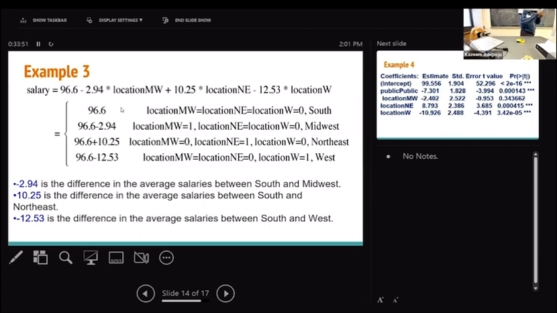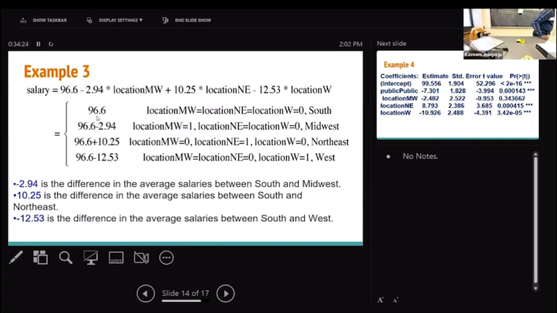You got 4 regions, right? It is not going to be all the 4 regions that will be reported. One needs to be the reference. Now, if I ask you what does it mean, 96.6 is the average salary for people in the South region. But how do I get the salary of people in the Midwest?